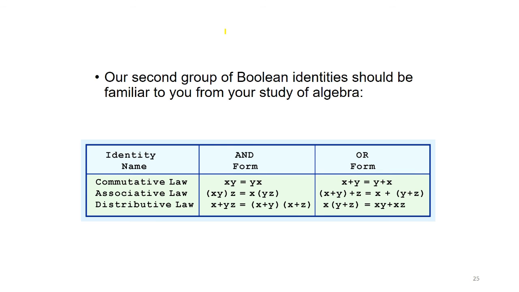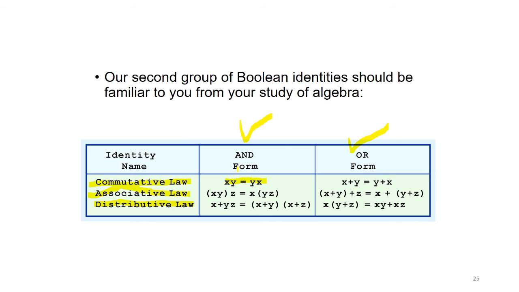So then we have these laws. First up we have the commutative law, associative law, and distributive law. These are the laws we have, and it has different formats. It varies for AND format and OR format. In the AND format, the commutative law goes like this: x multiplied with y should give us a value of yx.